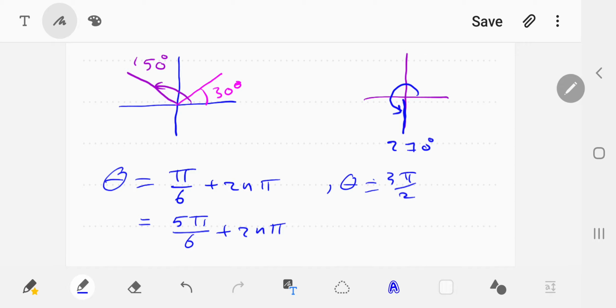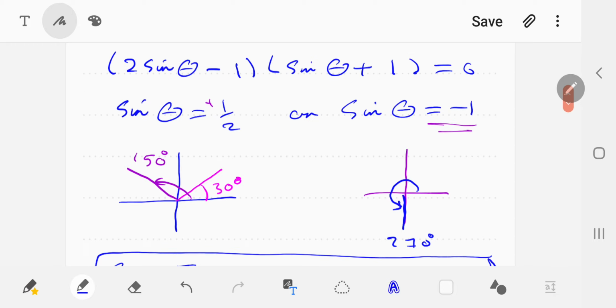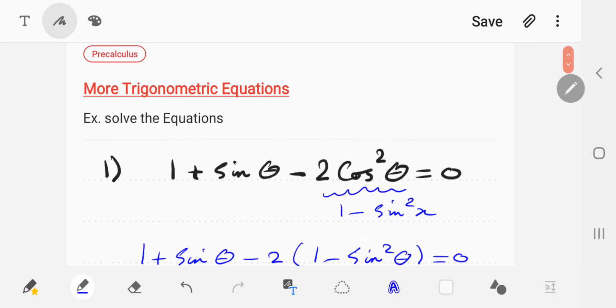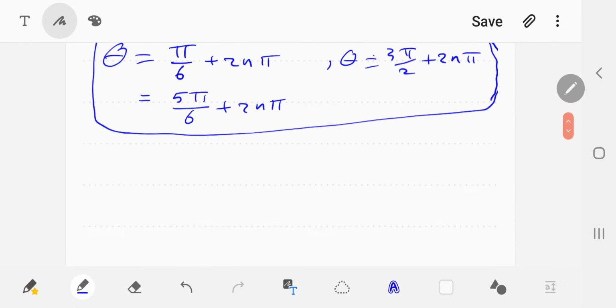Pi over 2 is 90 times 3, plus 2n pi. So all of these are solutions of our equation here. So the idea in this part of trigonometric equations is when you have an identity hidden inside the equation and you need to use it to make it look better.